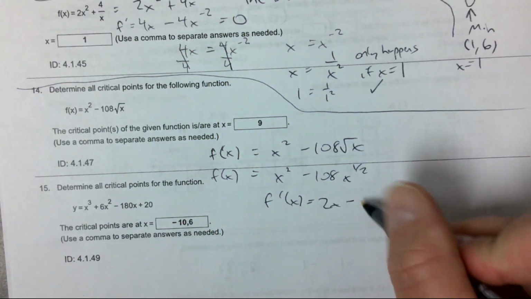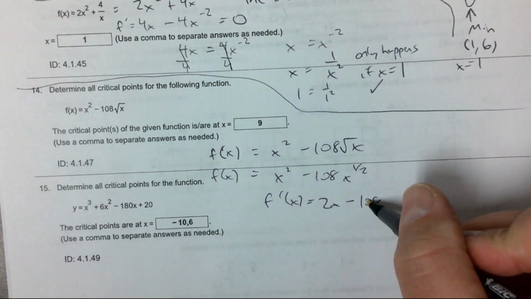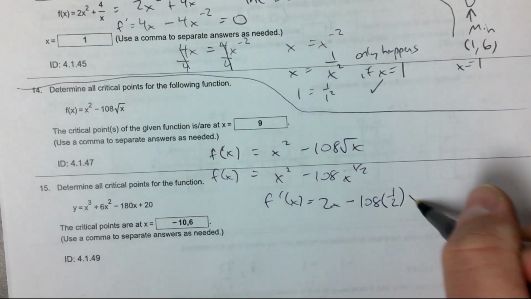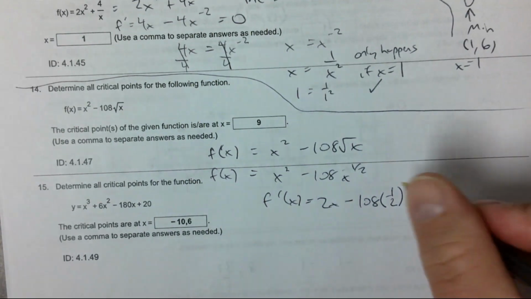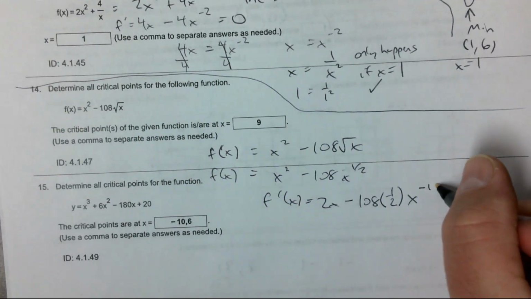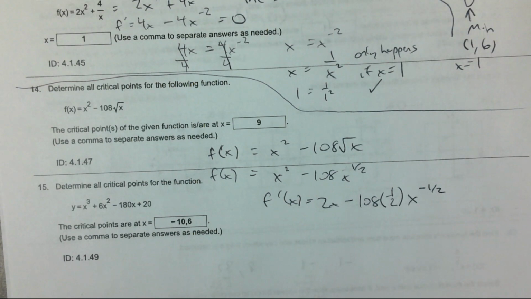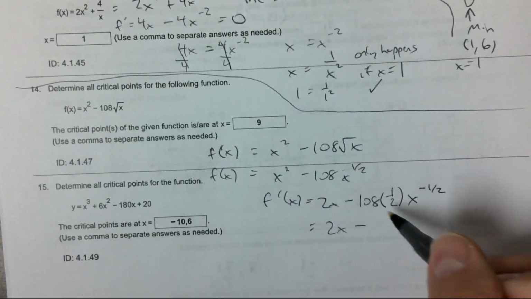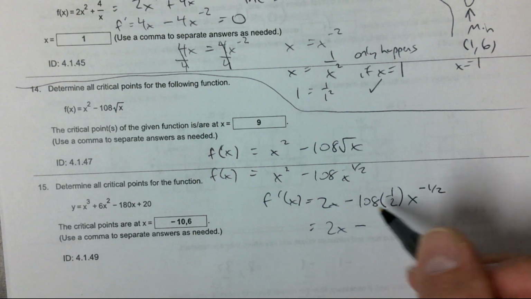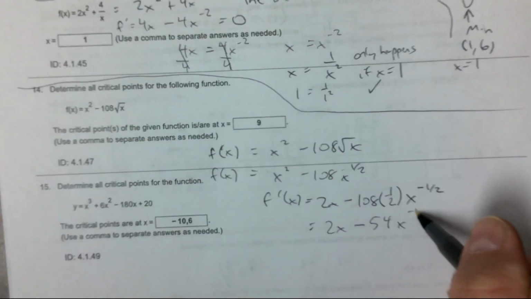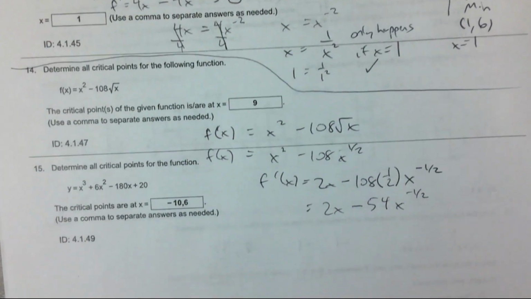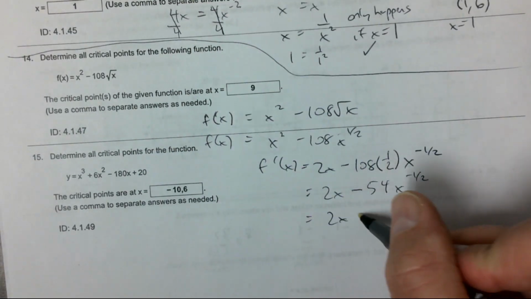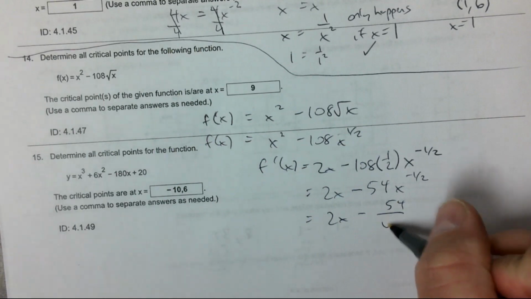You have your 108, you have to keep there. You bring your half in front, keep x, and then you have to lower by whole numbers, so this is negative a half. So that means it would be 2x minus, that turns out to be 54, x to the negative a half. And you could think of that as 2x minus 54 over the square root of x.